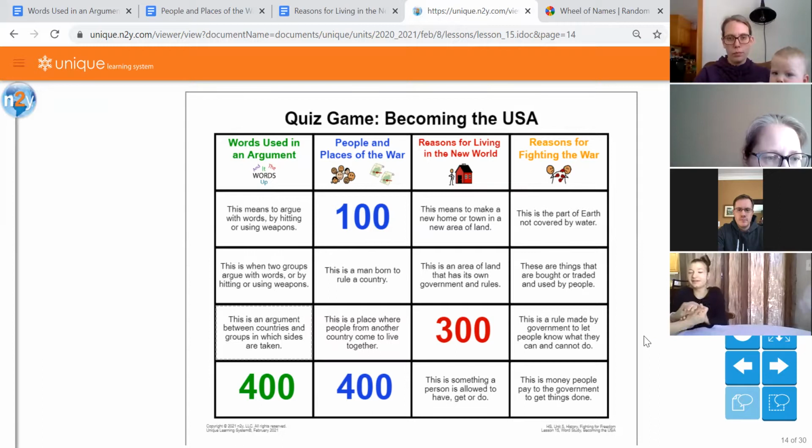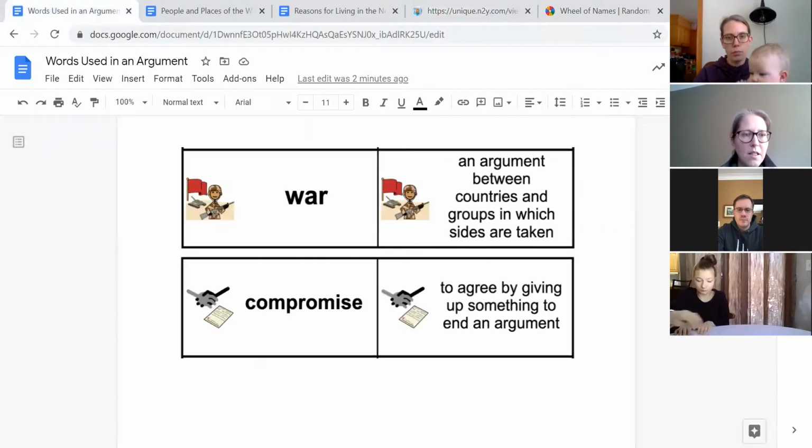Okay, this is an argument between countries and groups in which sides are taken. So we have war or compromise. The top word is war and the bottom one is compromise.